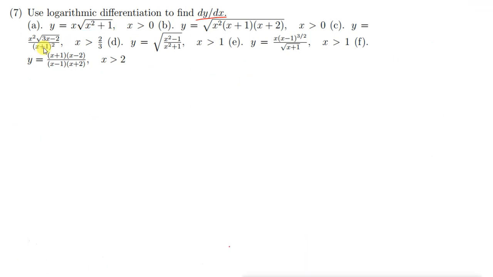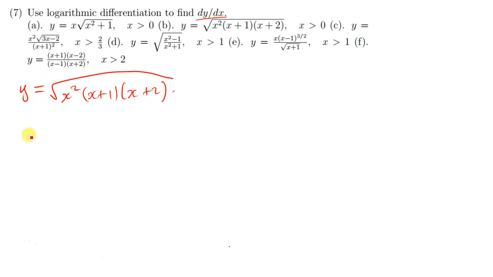Okay, so let's do it. So we have y is equal to that. So I have y is equal to the square root of x squared times x plus 1 and then x plus 2.